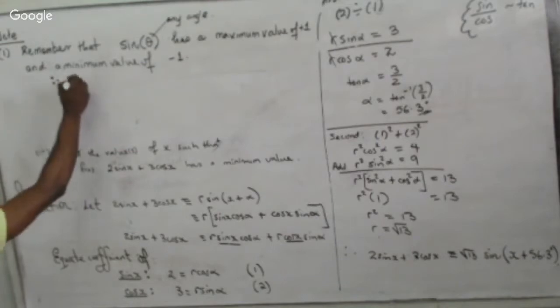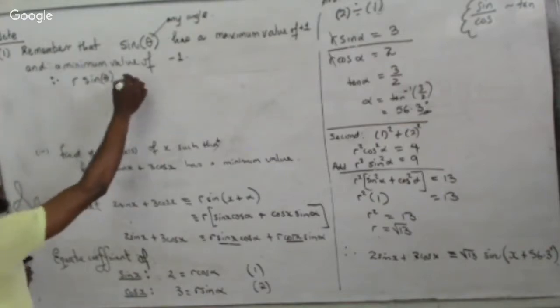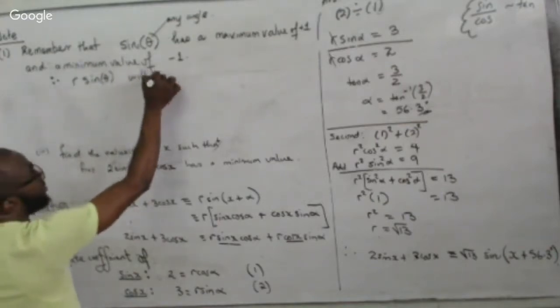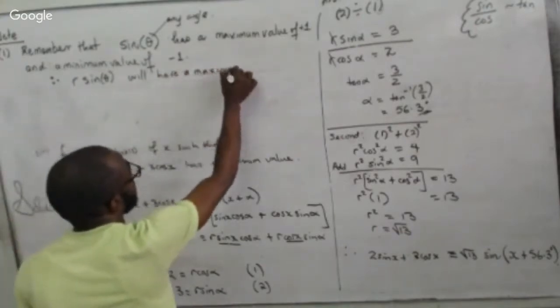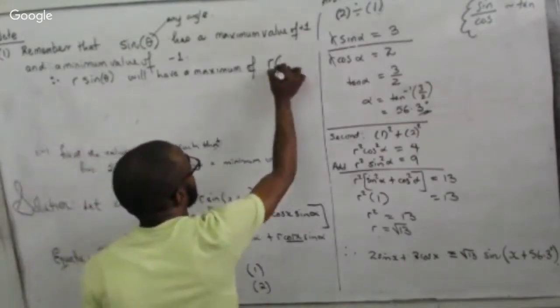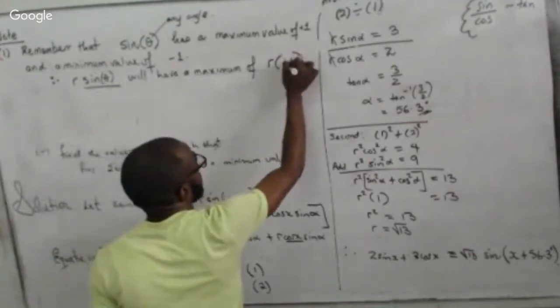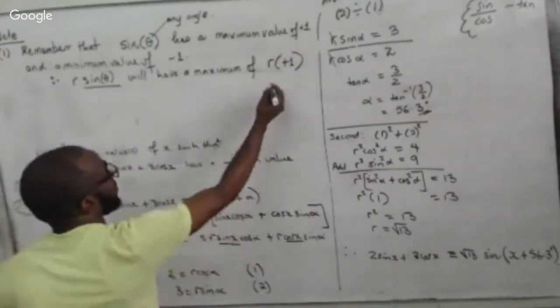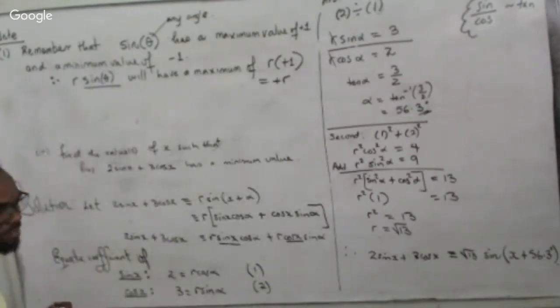Therefore, r sine theta will have a maximum value of r times, what is the maximum of sine? +1. Therefore, the maximum value is always plus r when you put it in that form.